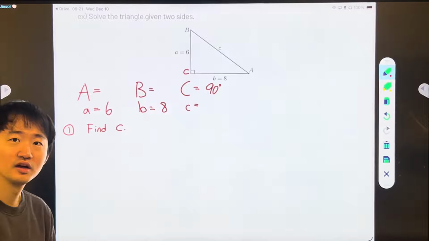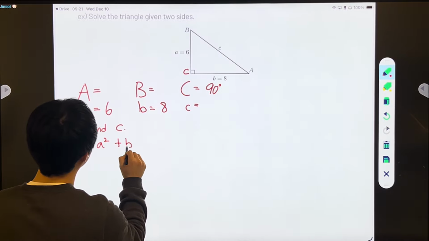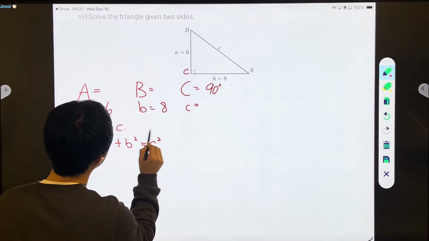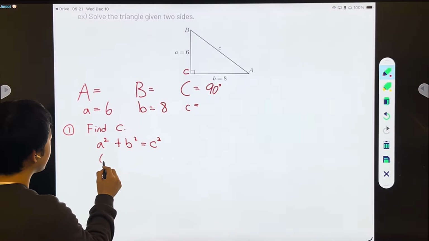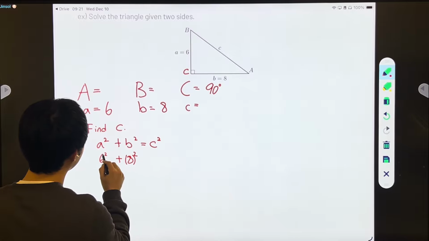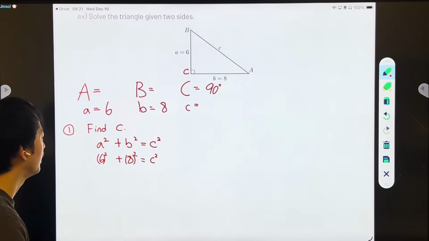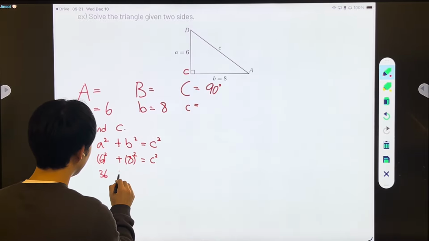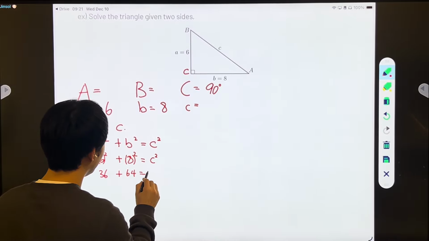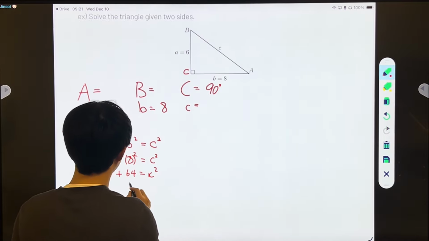So let's use the Pythagorean theorem, which goes like a squared plus b squared equals c squared. I know that a is 6, and I know that b is 8. And I want to find the c squared. So that's 36 plus 64 equals c squared.